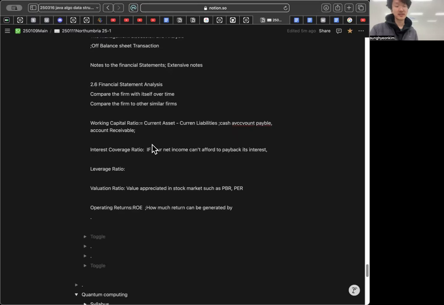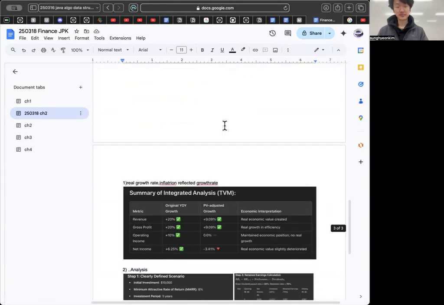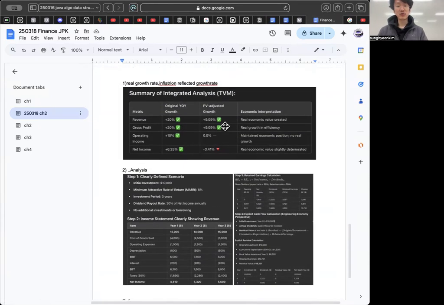For financial statement analysis, you can compare the firm with itself over time. You can do time value analysis, such as real growth, by checking two income statements from different times. You can do present value analysis, and you can check real growth rate or interest rate.